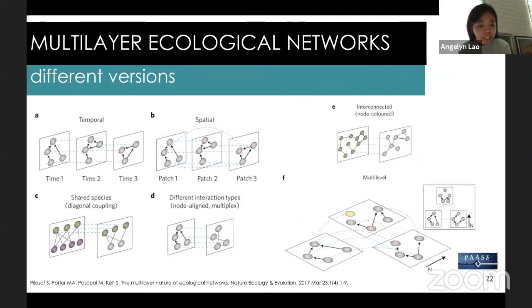But the difference is in each layer, the interaction is totally different from the other layer. Okay? But the nodes or the species in each layer are exactly the same. Okay? And then letter E, you have two layers, and in these two layers, the species represented are actually unique or different.